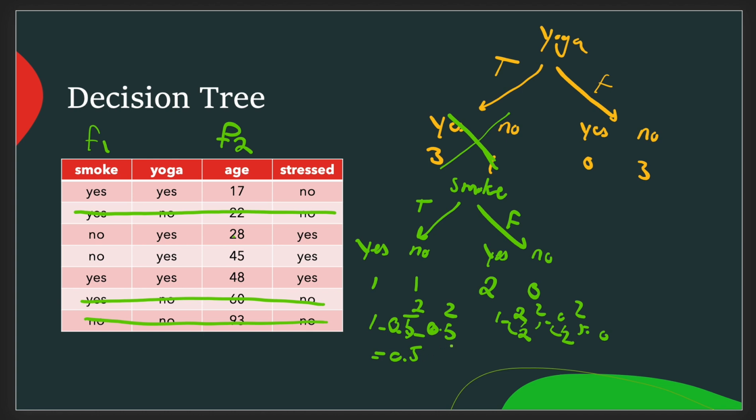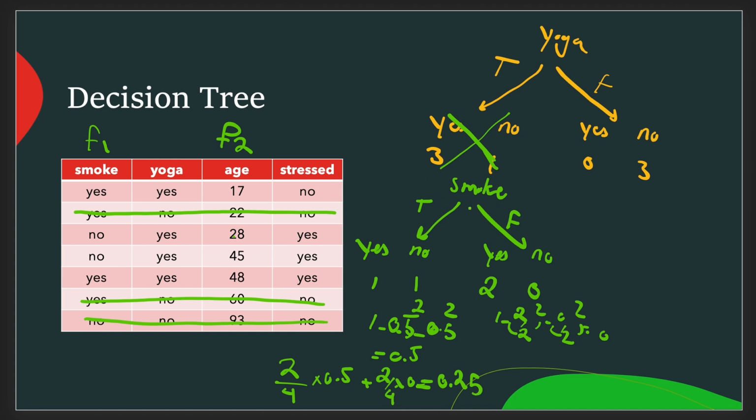And then you calculate the weighted. So you have 2 people here, 2 people here. So you go 2 over 4 times 0.5 plus 2 over 4, because you have 2 people in this category, times 0, right? So it's 0.25 for this condition in here, right?